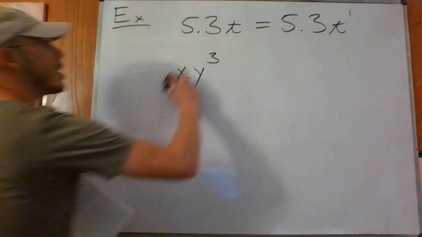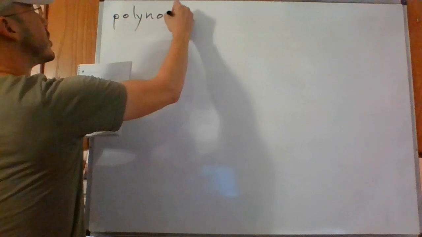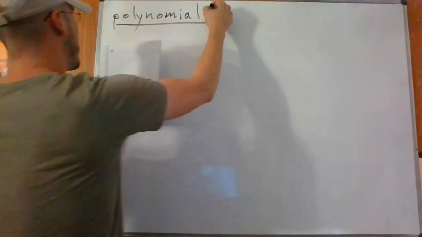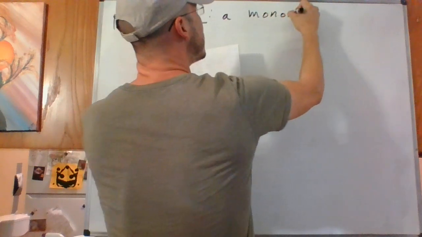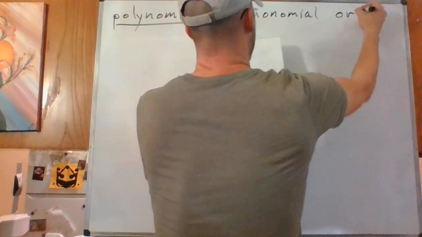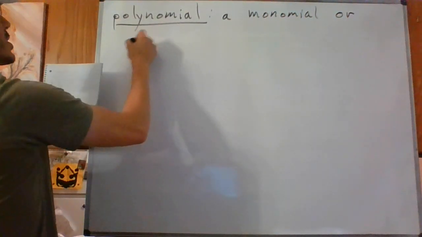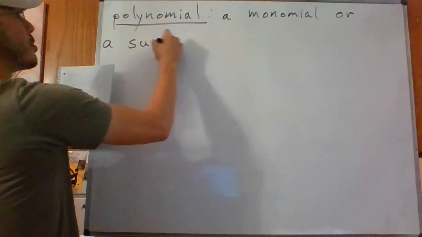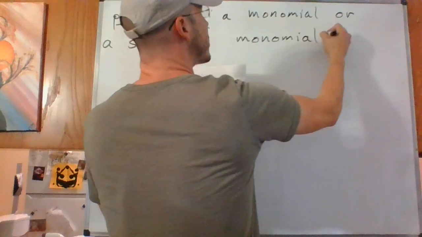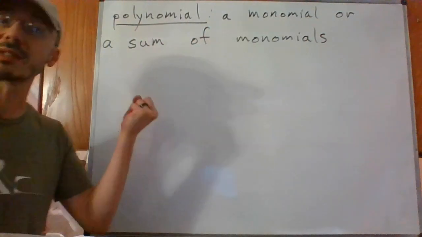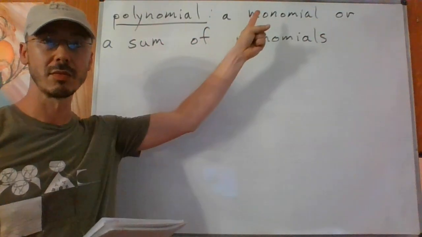All right, so let's look now at the main topic of this section, a polynomial. A monomial or a sum of monomials. So a monomial by itself is considered a polynomial.